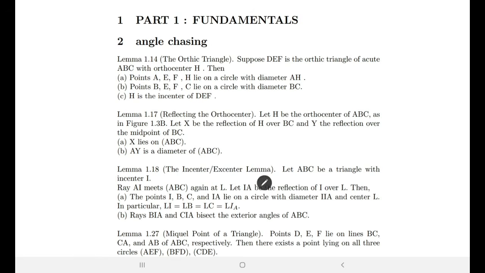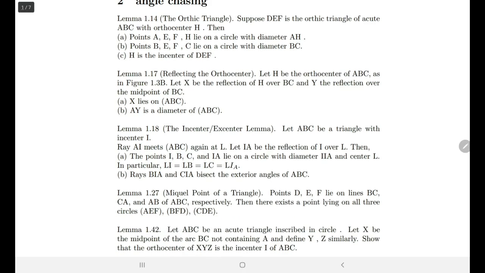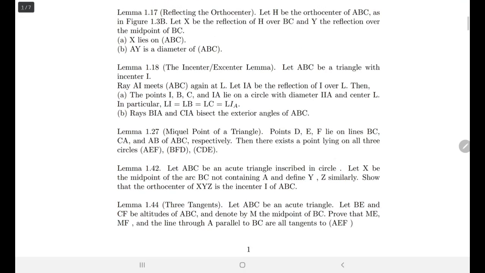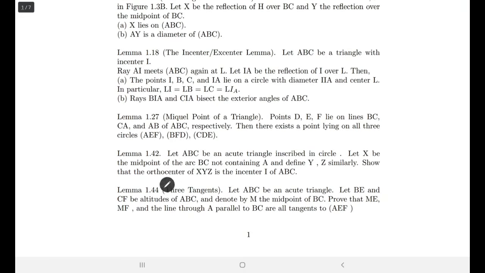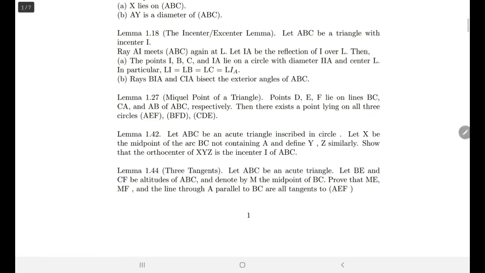You have the incenter excenter lemma, the golden point, which is L, the midpoint of the arc. You have the Miquel point of a triangle, and you have all of these, for of course three tangents. This one is when you have a circle, then you have three tangents that are famous. Anyway, I don't want to explain it right now.